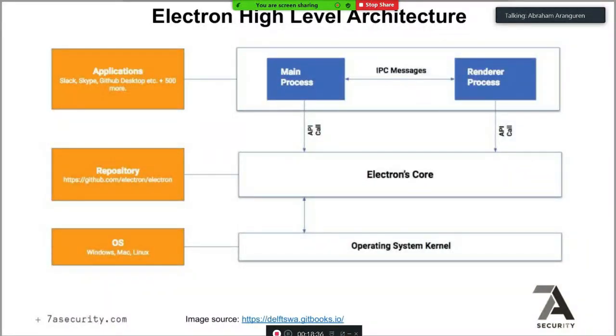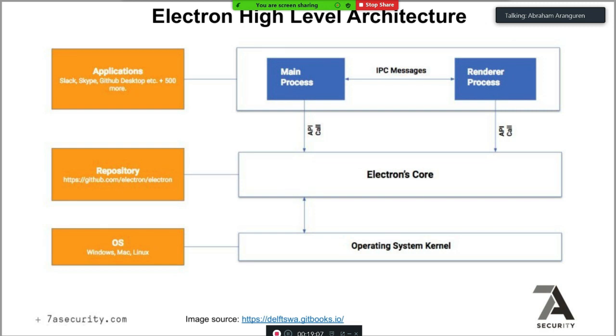So how does this work? Electron applications are written in JavaScript, all using the Google V8 engine, and it's all based on Node.js. So by learning how to attack Electron applications, this knowledge will also be useful to attack Node.js web applications, and some of it will also be useful to attack mobile applications written in JavaScript.